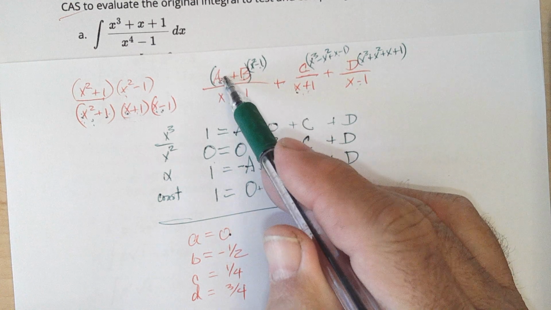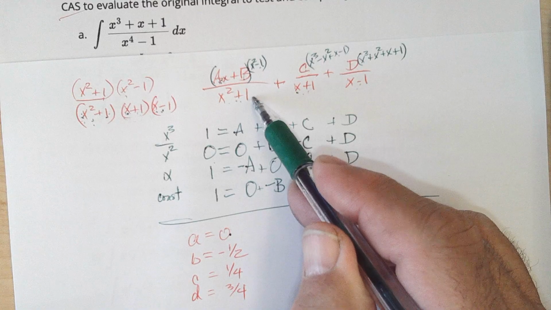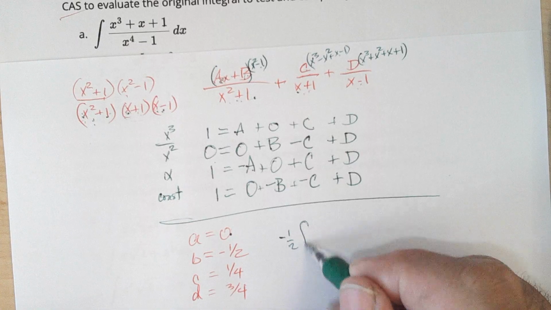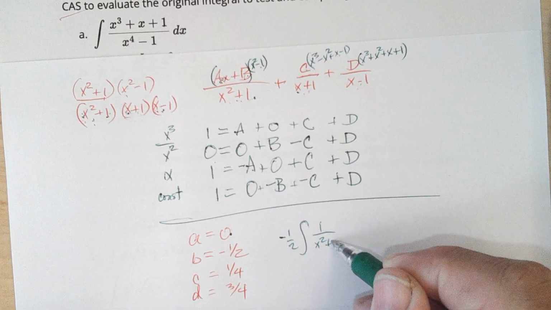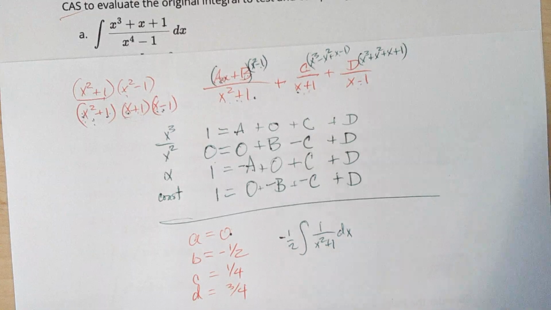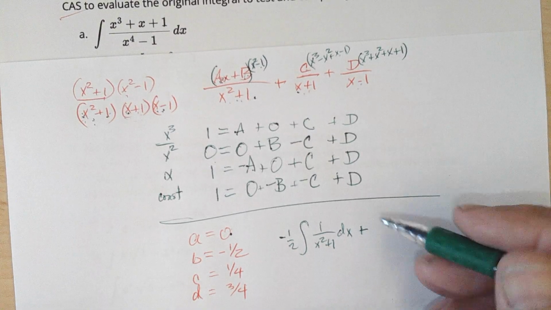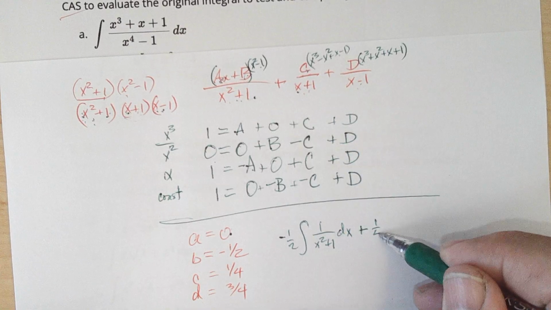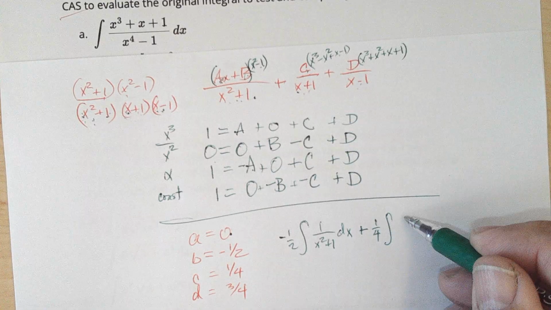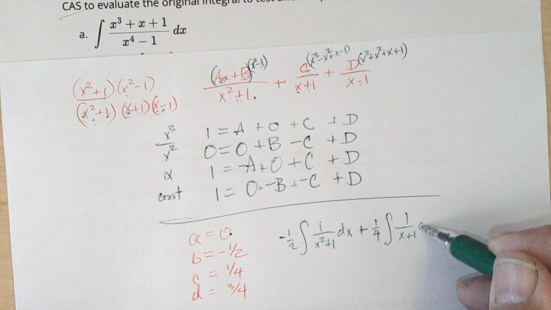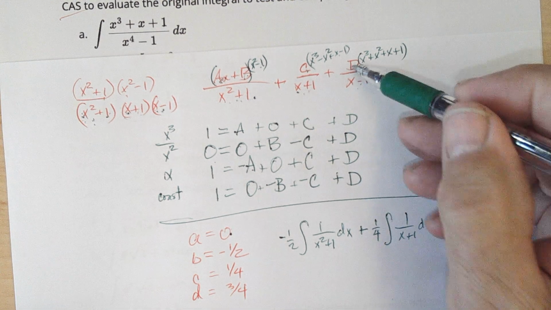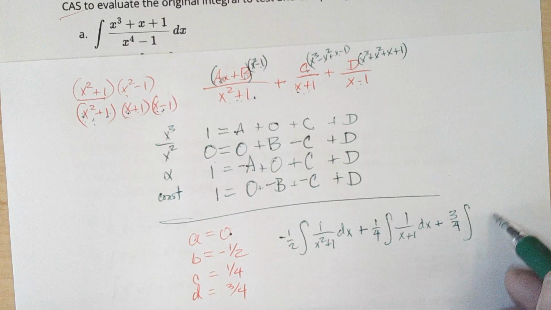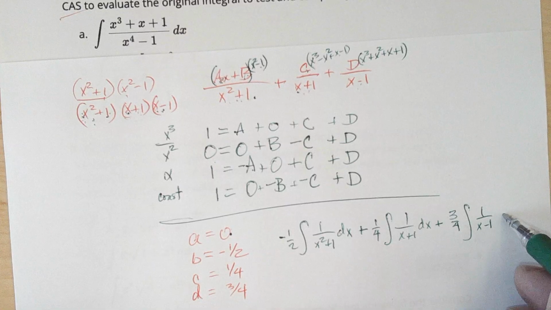So 0 x's over this, so there's no integral from that, plus b, which is minus 1/2, integral of 1 over x squared plus 1, plus c, which is 1/4, of 1 over x plus 1, plus d, which is 3/4, integral of 1 over x minus 1 dx.